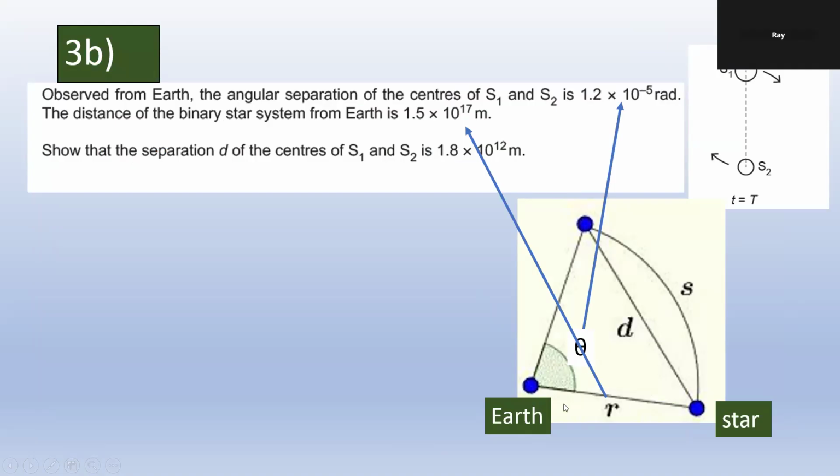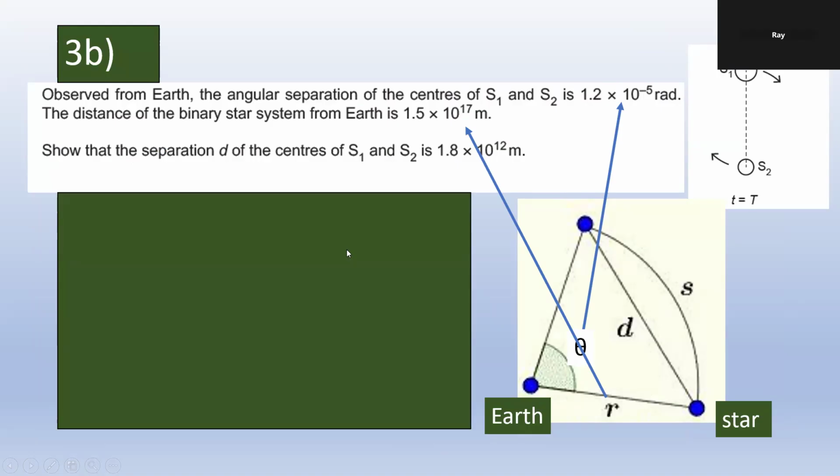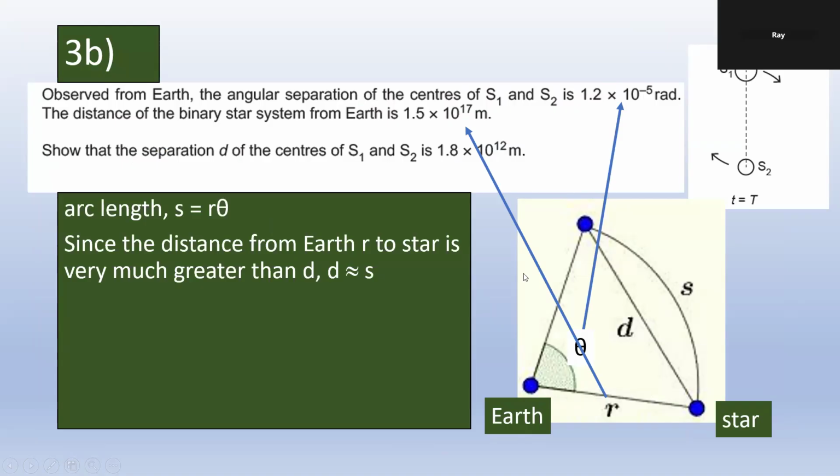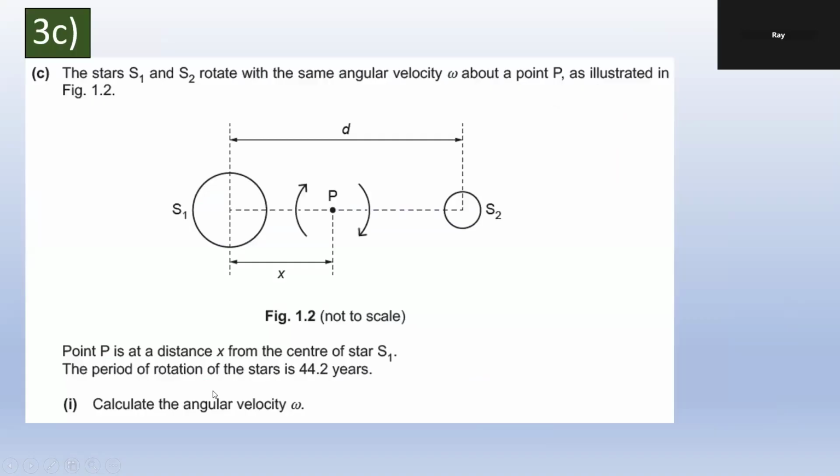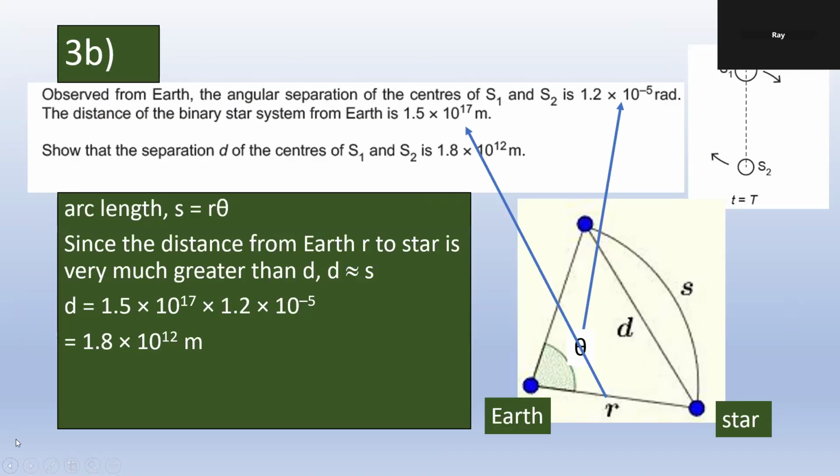That's the radius from the Earth given there. So you just take D equals S, the arc length, because this angle is very small. Okay? Okay with that?